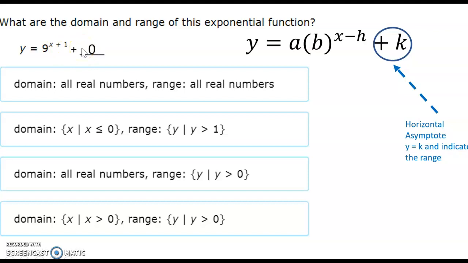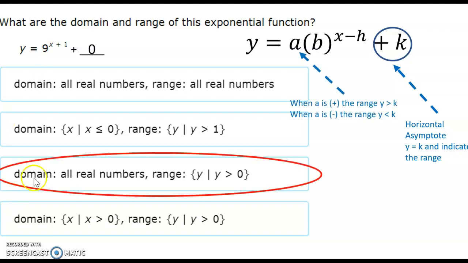So that value is understood to be 0. Then we look for our a value. The value in front of 9 is understood to be a positive 1 also. And because it's positive, that indicates that I should use a greater than symbol. So my answer comes out to be the domain is all real numbers, and my range is y such that y is greater than 0.